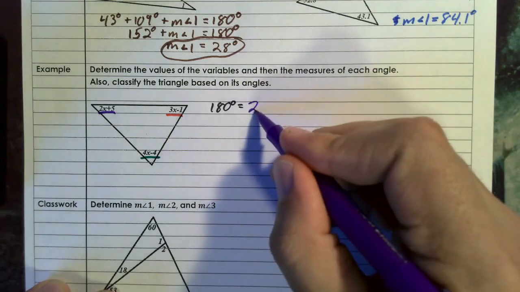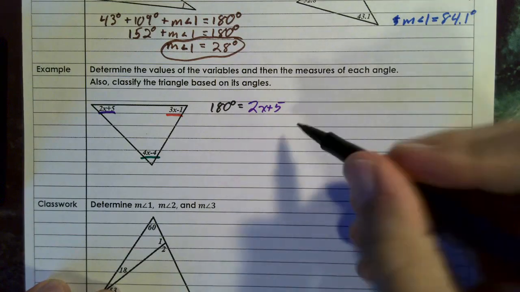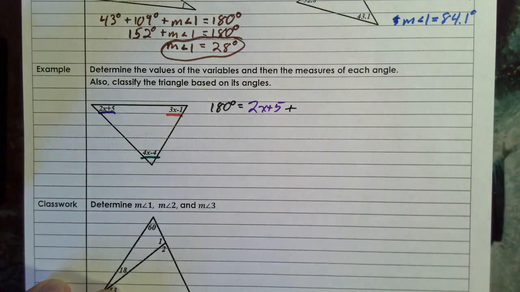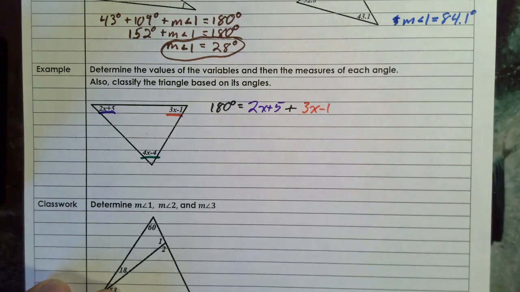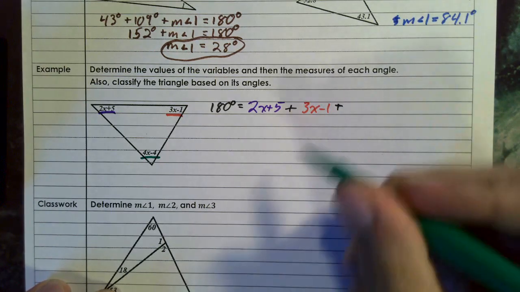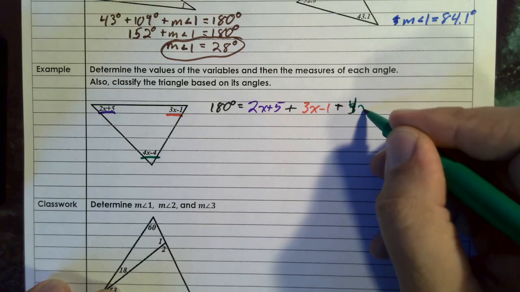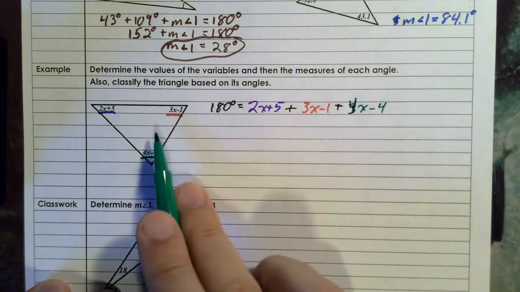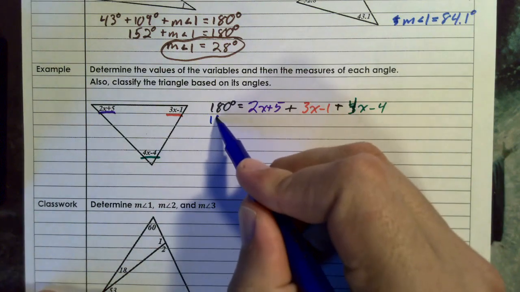So 2x plus 5 plus the 3x minus 1. Just adding those sides together, to get one big mess of an equation we've got to solve. So 4x minus 4. There we go. So now I just got to solve all this stuff to figure out what x is.